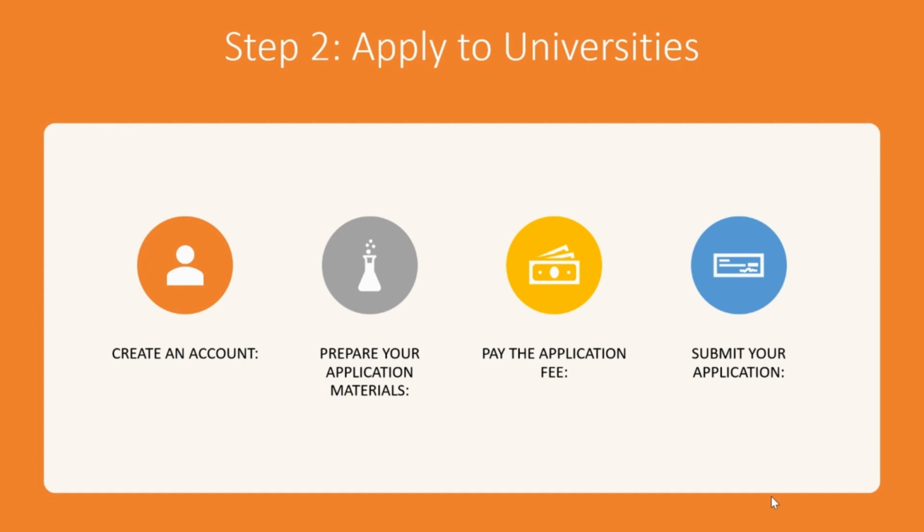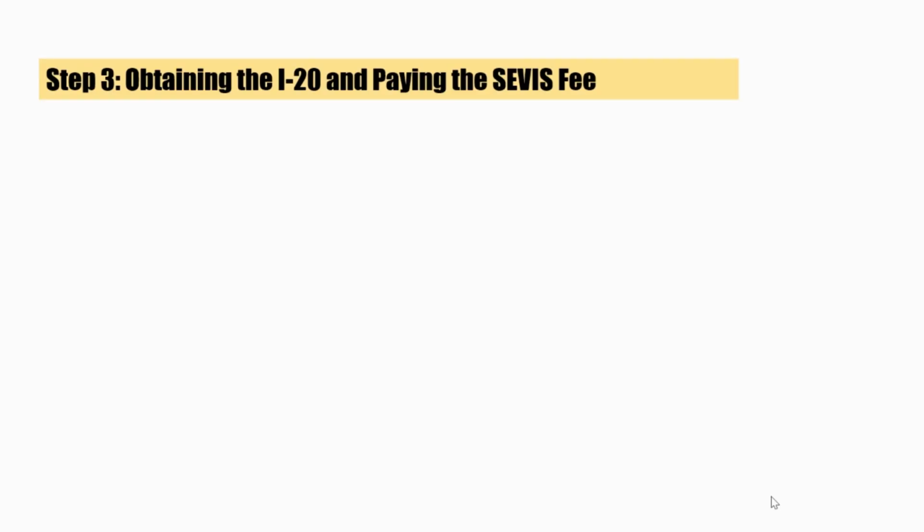So once you apply to universities, and if they feel that you are suitable for the program, they may send you an email. So after getting that, the next step obviously is to obtain the I-20 form. So I will be talking about what I-20 is. This is a document issued by the university that confirms that you are eligible for an F1 student visa.